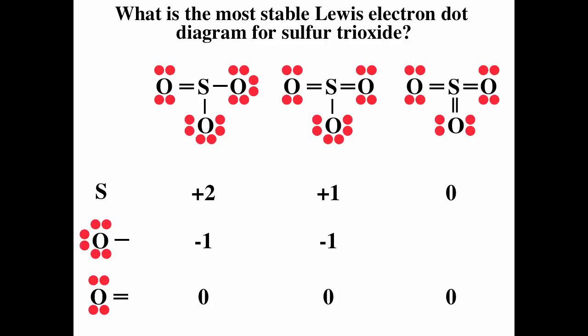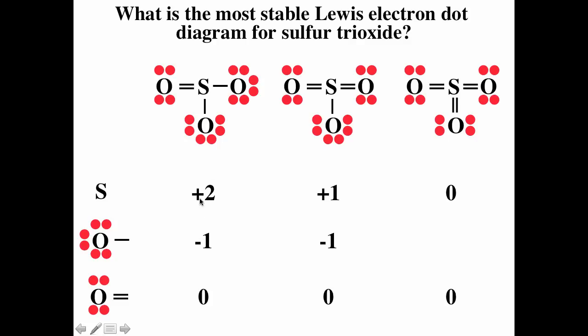And so now if we calculate the formal charges of all the atoms in these 3 Lewis diagrams, we see that sulfur here is a +2. I should also mention that 4 times 6 gives us 24 valence electrons, and so each of them has 24. And so if we look at the formal charges, we see we have a +2.